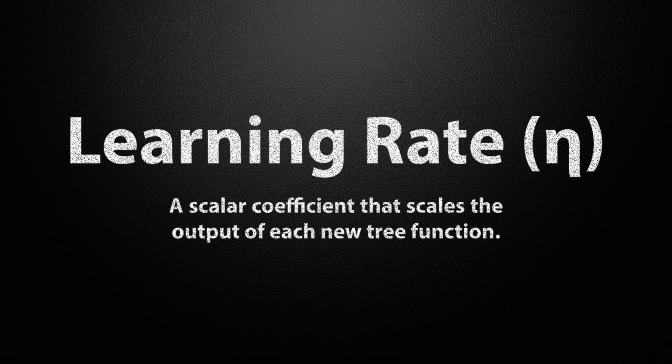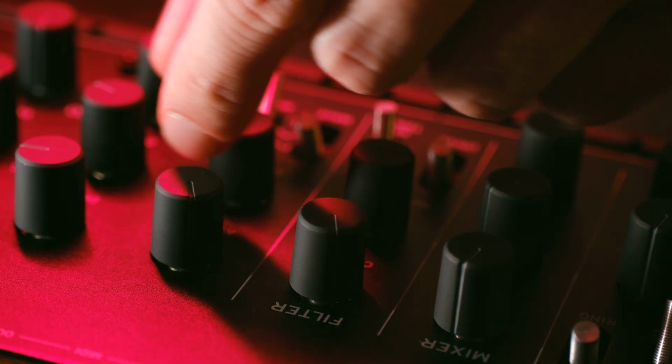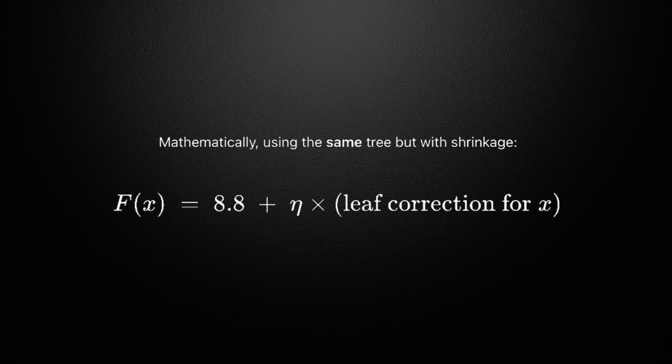Now, learning rate, which is also called shrinkage and is written as eta, is simply something that scales the correction before we add it. Think of it as a volume knob for each tree's contribution. Mathematically, using the same tree but with the shrinkage eta looks like the following.